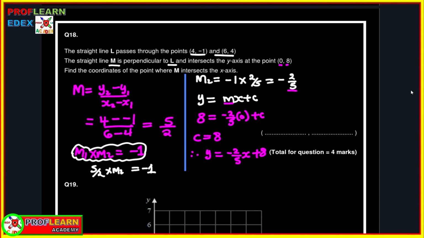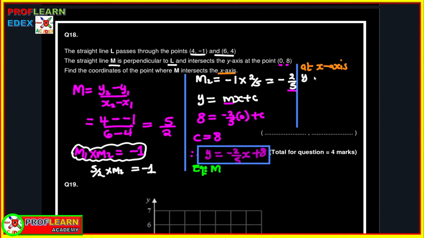Now, find the coordinates of the point where m intersects the x-axis. What do we know about the x-axis? At the x-axis, y is always equal to 0. So we can use the equation that we have obtained and substitute 0 where we have y.